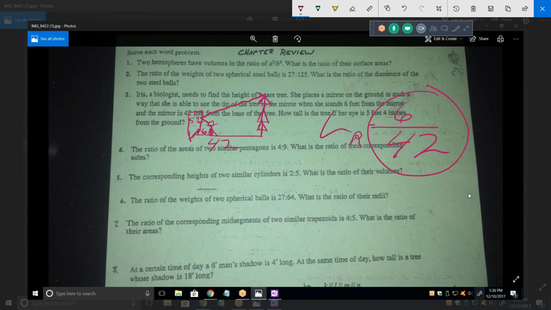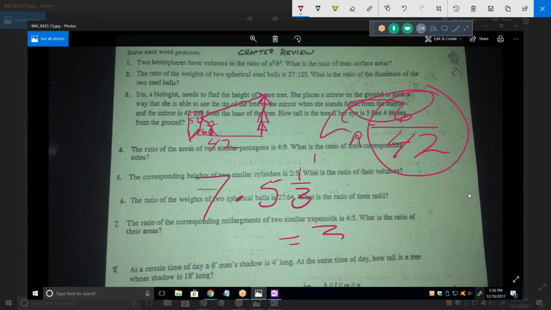And I'm going to tell you why I have problems with it, but right offhand, I'm going to say the height of that tree is 7 times the height of her eyeballs. So 7 times 5 1/3 foot.